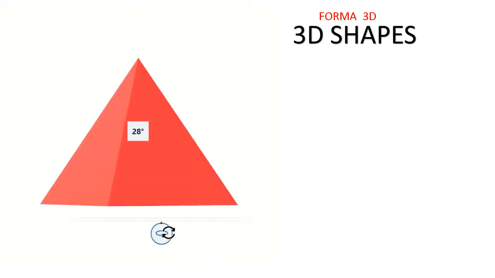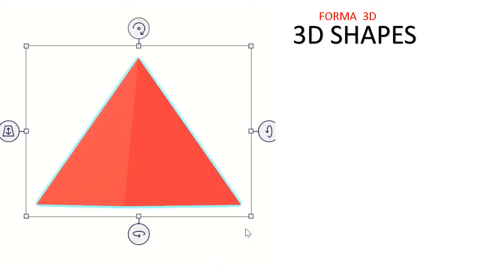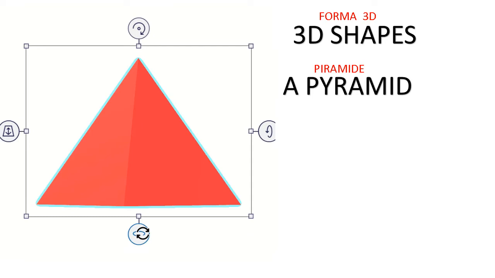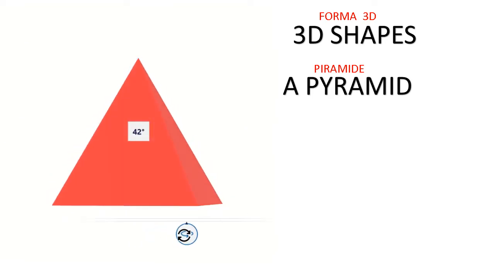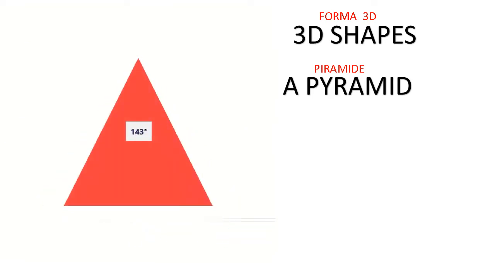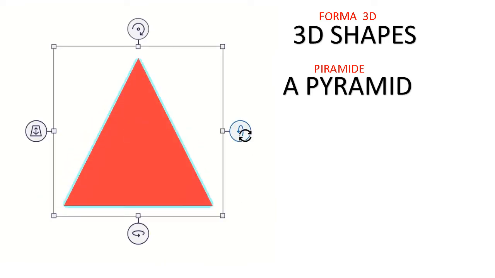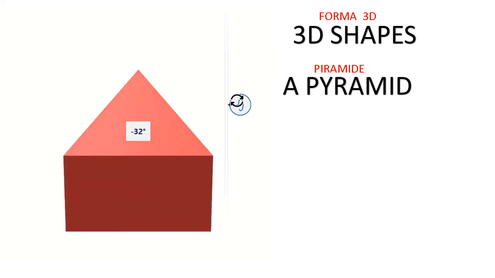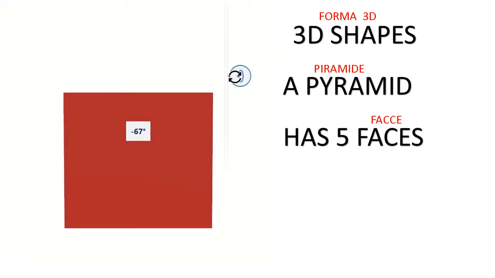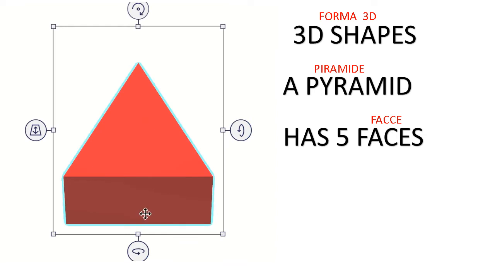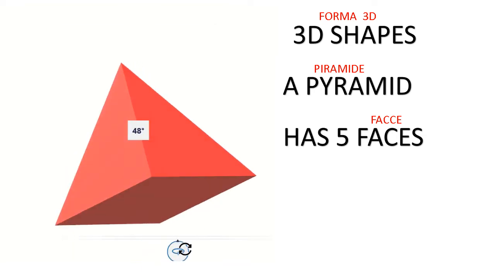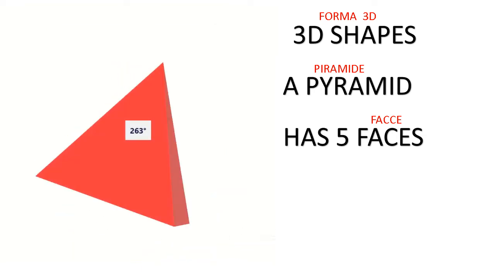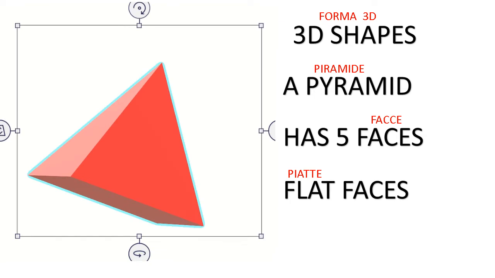Do you remember the name of this shape? Yes, it's a pyramid. A pyramid has 4 triangular faces, but it also has a square face as a base. All of the 5 faces are flat.